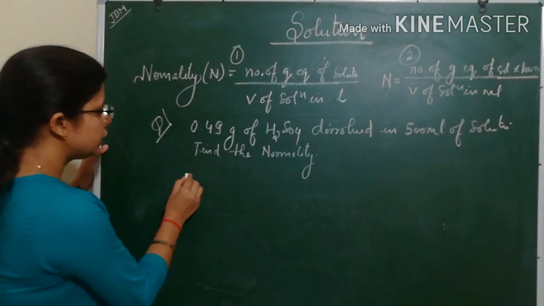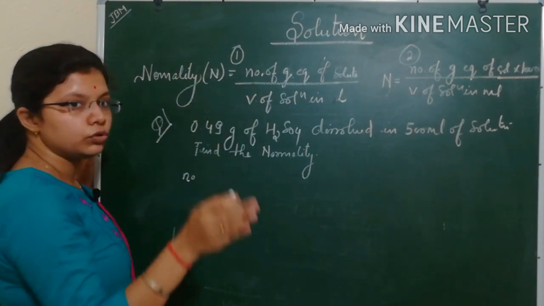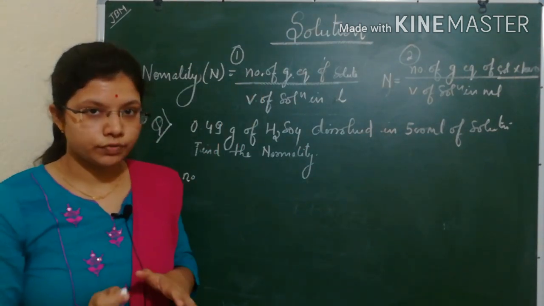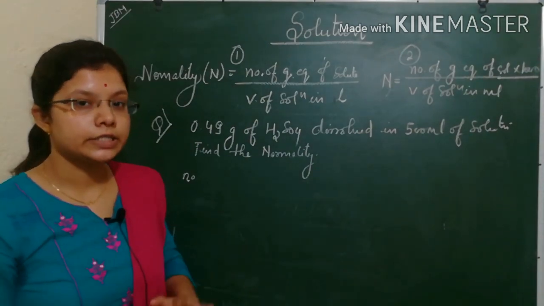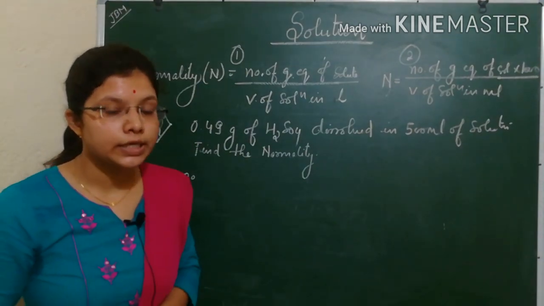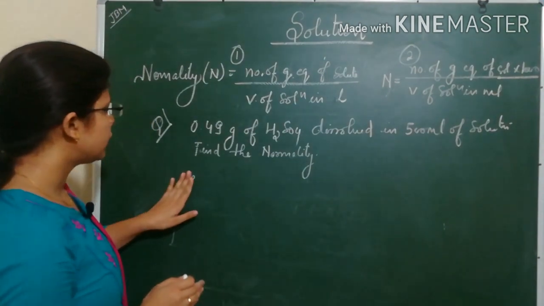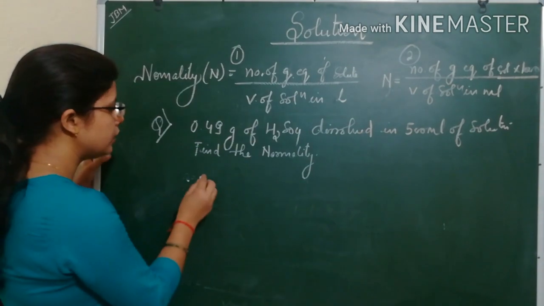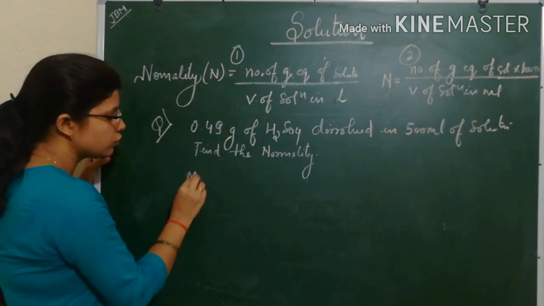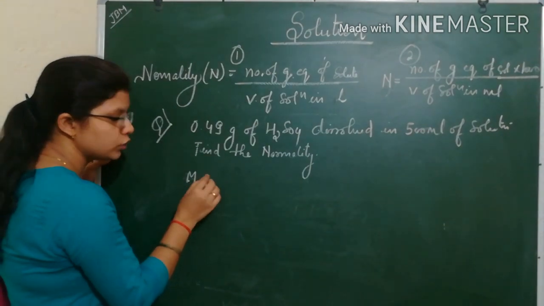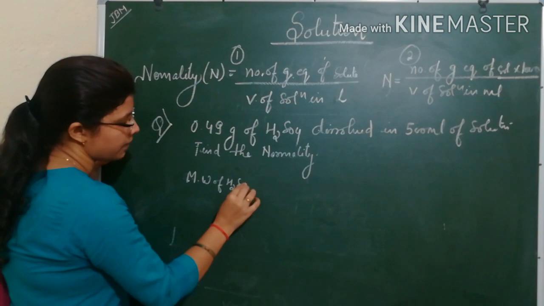How you will calculate? See, to calculate the number of gram equivalent of a solute, you should know first of all what is equivalent weight. What is equivalent weight? We already discussed in the last video. If you are not clear about that, please revisit that video again. How we calculate the gram equivalent weight? First of all, we should know the molecular mass of H2SO4. So molecular weight of H2SO4 is 98 gram.